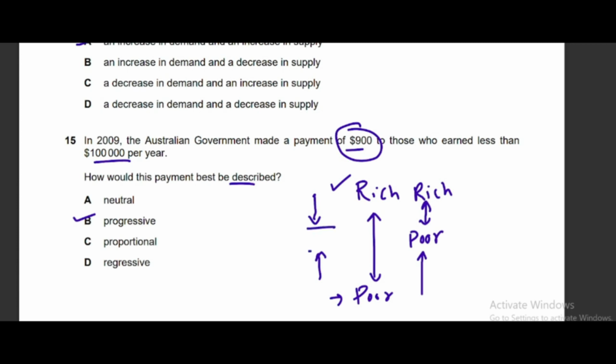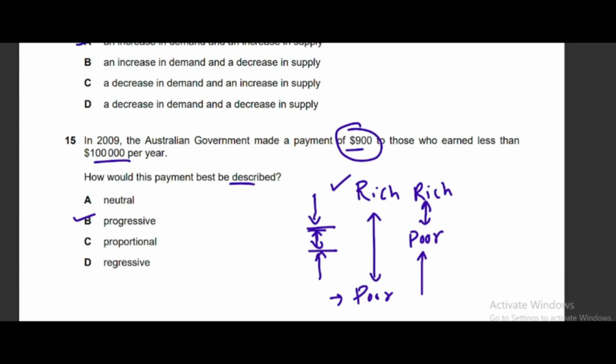So now the gap between rich and poor will reduce to this much, right? So progressive taxes are the taxes that decrease the disposable income of the rich class and increase the disposable income of the poor class. So it decreases the income gap between rich and poor.